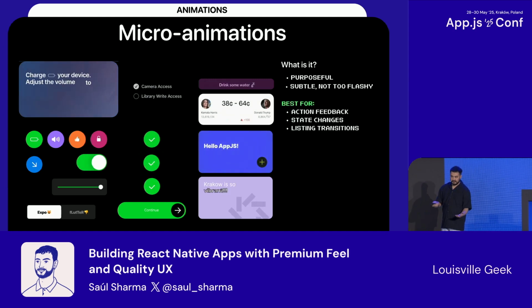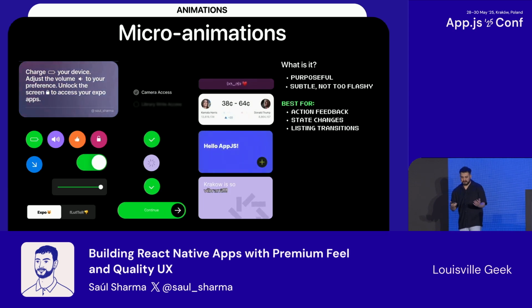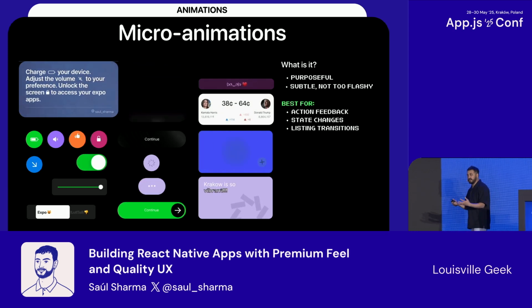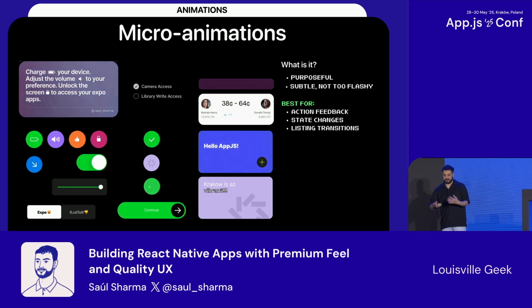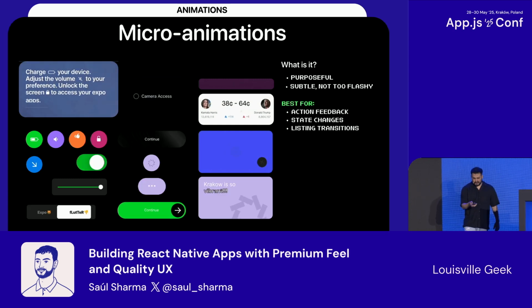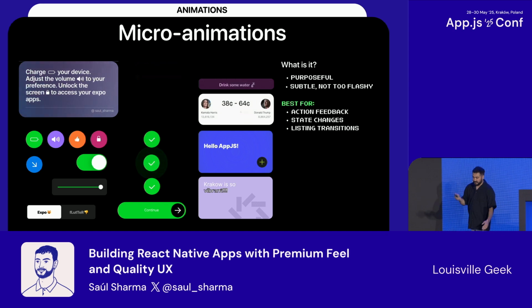When you have states, you want to notify the user without showing an alert or whatever, and you just have a very subtle animation. And a micro animation could be a collection of micro animations itself, so it's a subset. As you can see, the first one has a bunch of micro animations together, but that is still a micro animation.